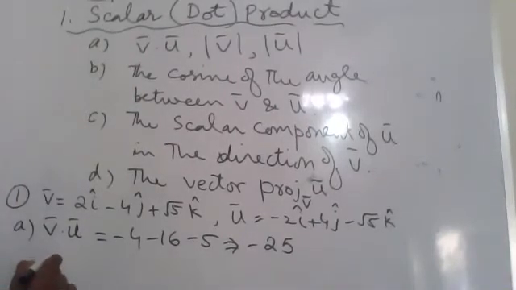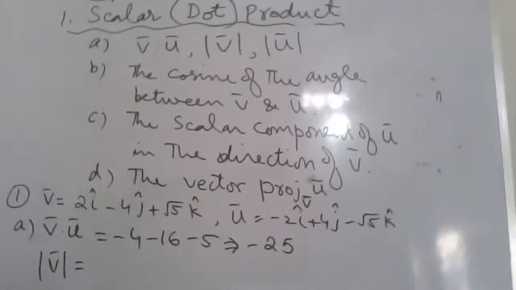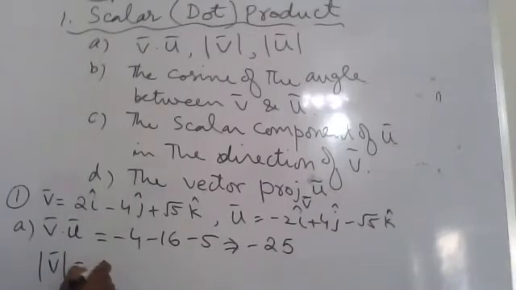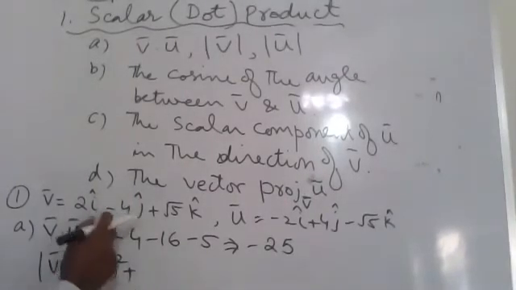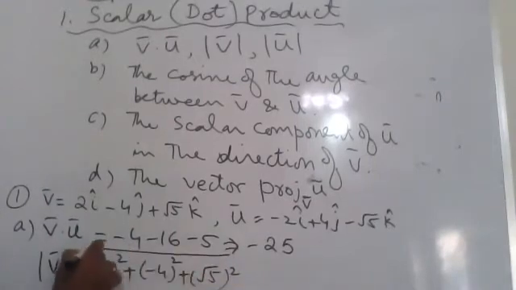The magnitude of v will be equal to, as I told you last Monday in the last class about how to find the magnitude, we take the square of the components, add them and take the square root. 2 square is 4, plus minus 4 square, plus root 5 square, whole under root.